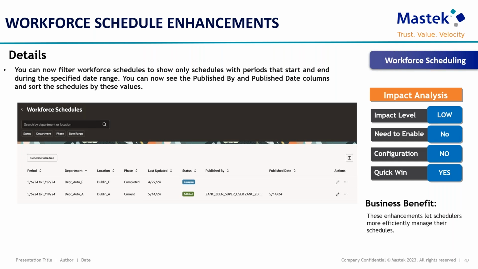It's just an enhancement to workforce schedule visibility. In terms of impact and configuration, we don't need to do anything. That's why it's low impacting and a quick win for us.